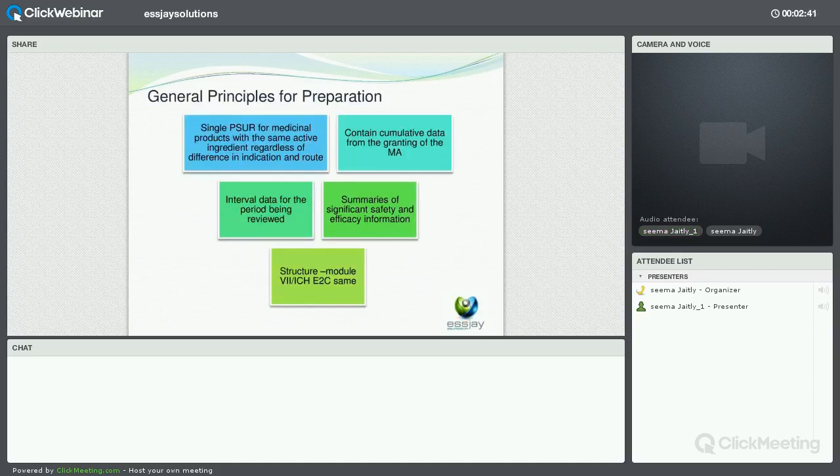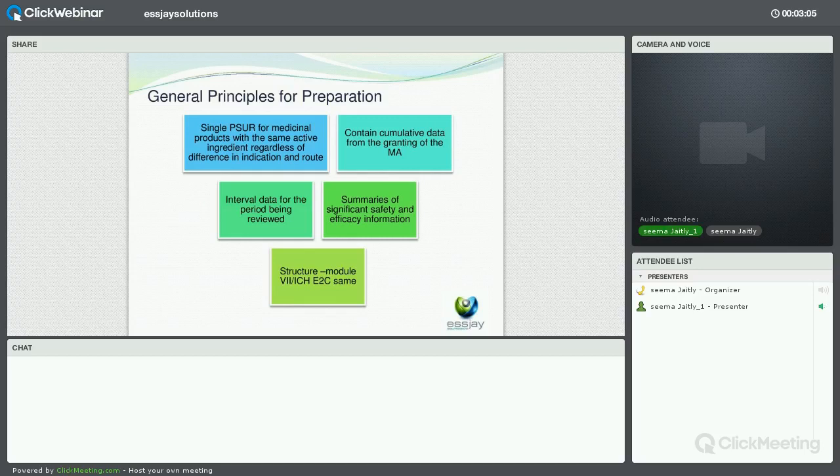If we move on, overall, if we look at the general principles for preparation, and these all come from ICH, I'm sure you're aware of them. You need a single PSUR for a medicinal product with the same active ingredient, and that's really regardless of the indication and route. You should have one PSUR for one active ingredient.